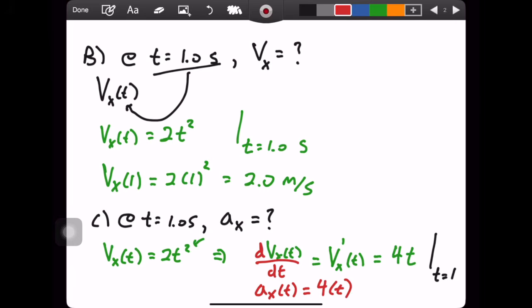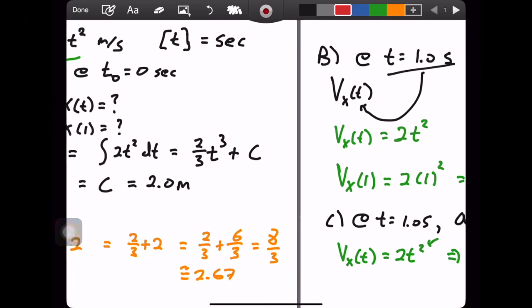And so if we're asked what is the acceleration when t equals 1, it's quite simply 4 times 1 equals 4. And so the answer to part C is that the acceleration at t equals 1 is going to be equal to 4 meters per second squared.